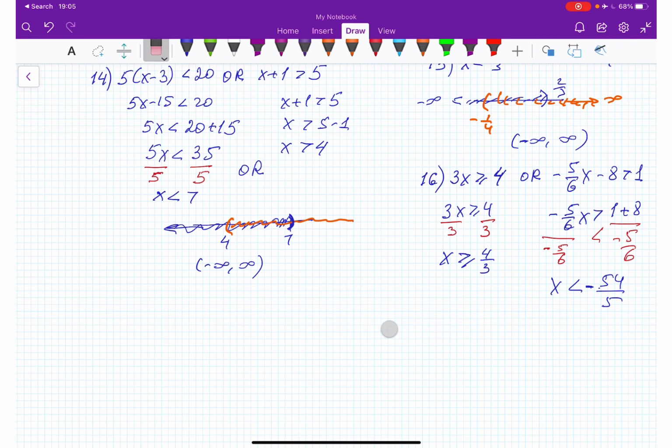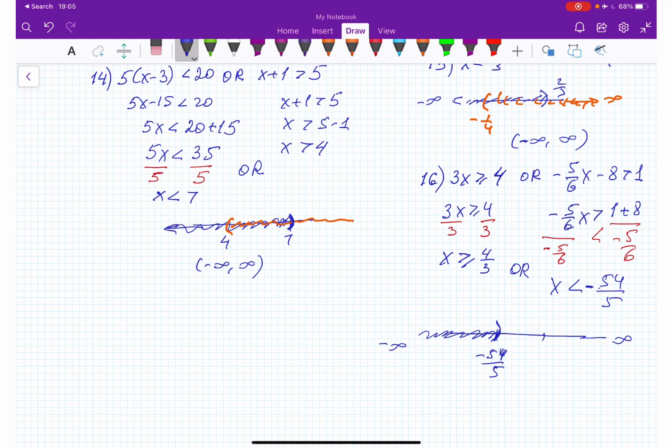And this is or. What do we have? Negative 54 over 5, it's somewhere here, let's say. And it's going to be less than, so in parentheses, less than. This is going to go till negative infinity. And this line is positive infinity.